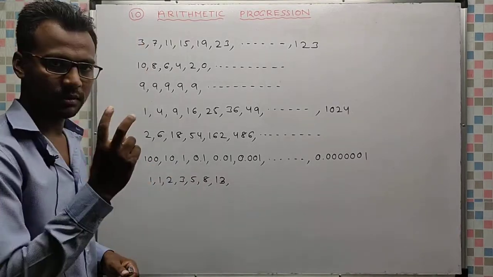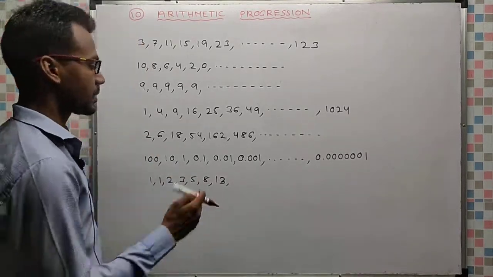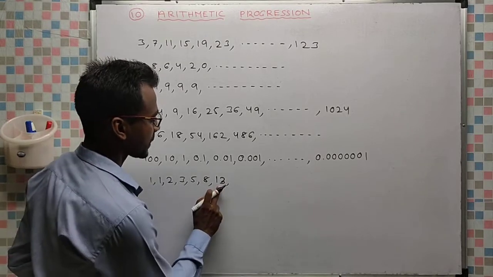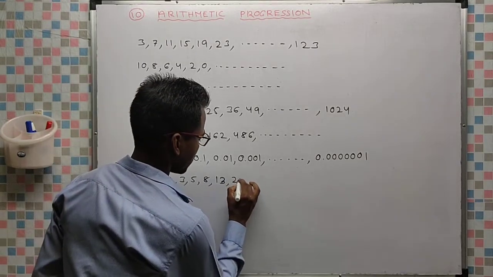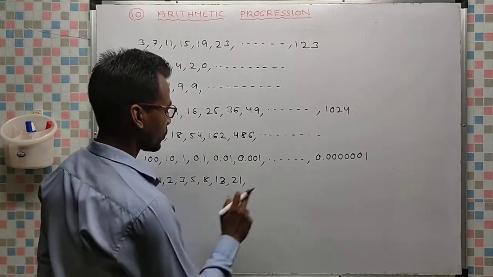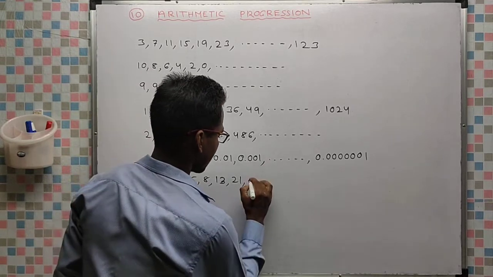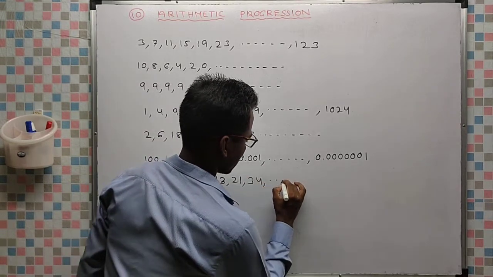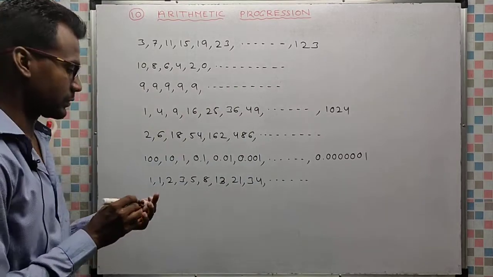That means I am adding the previous two numbers. So the next number will be 8 plus 13, which is 21. The next number will be 13 plus 21, which is 34. In this way it will continue.